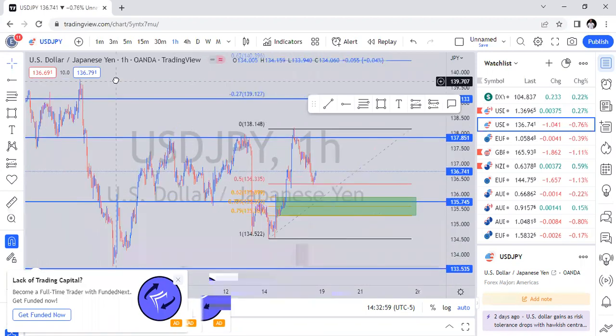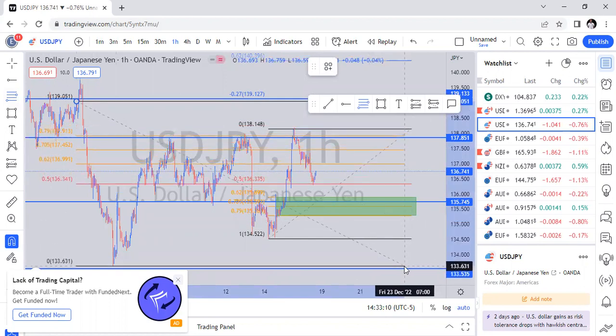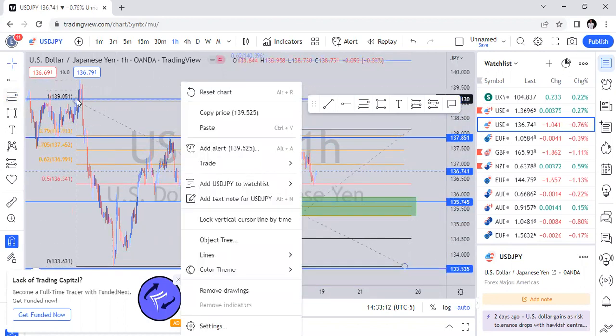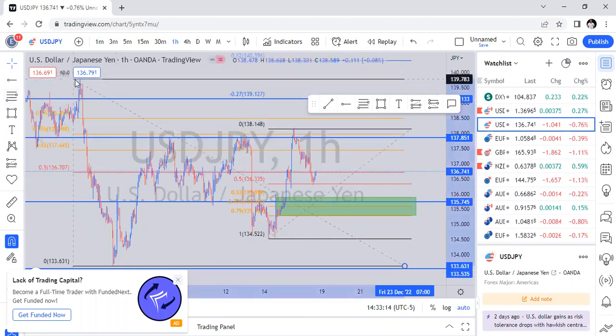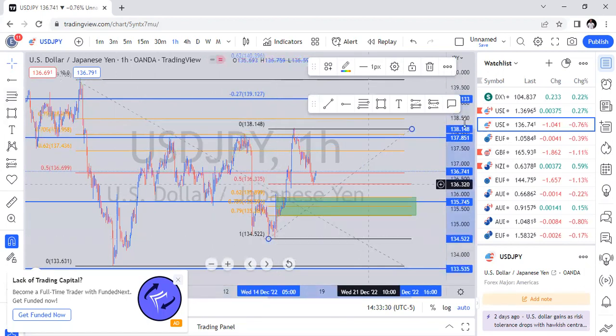So if we swing our fib here, we see that price is within levels where, based on the range formed between this high and this low, you should be looking for a sell, not a buy.